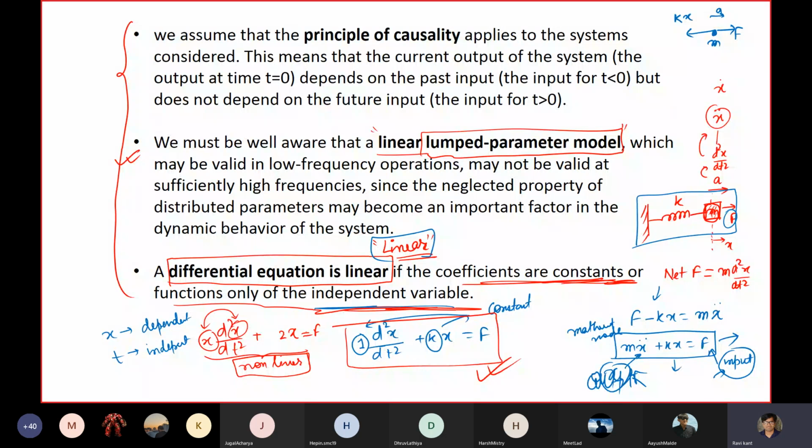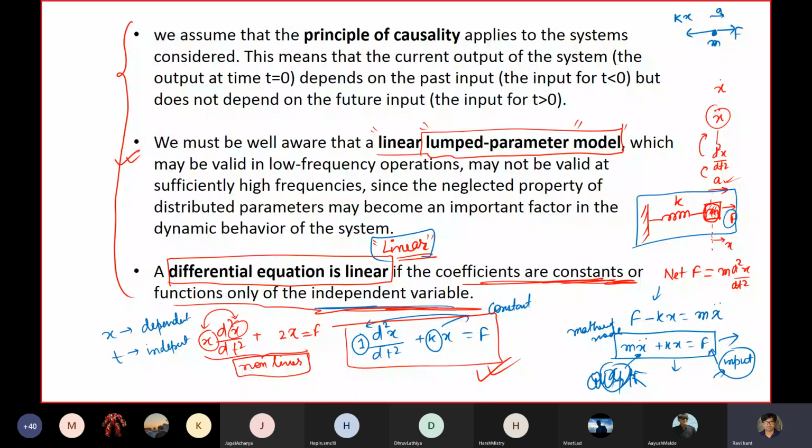All the mass is concentrated at a single point. It's not like it has some moment of inertia or some orientation that would affect not only its acceleration but also its angular acceleration. So it will be lumped into a point body.